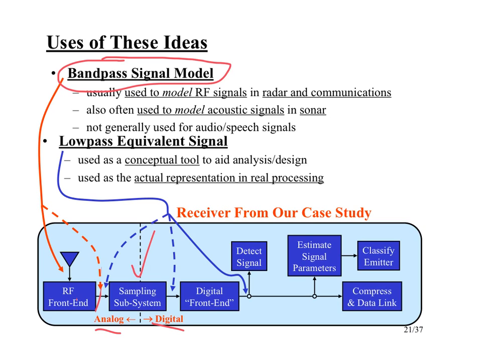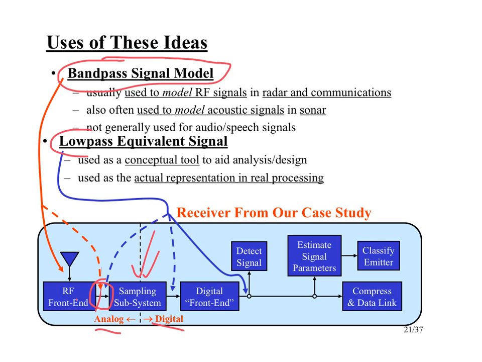And so the bandpass signal model might still be applied here if our RF front end doesn't do the analog conversion to the low pass equivalent signal. So we still might have a bandpass signal there, in which case the sampling subsystem would be responsible for converting digitally into the equivalent low pass signal.